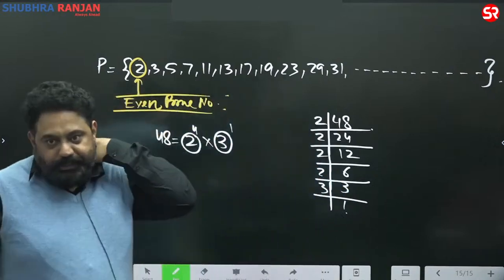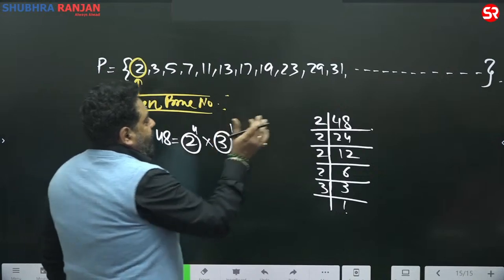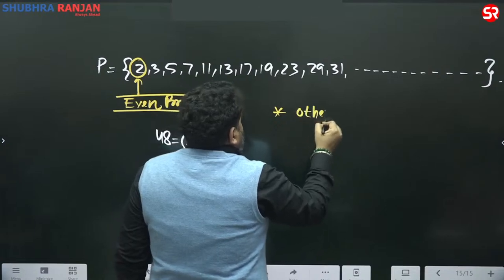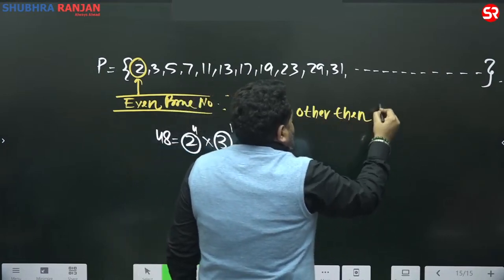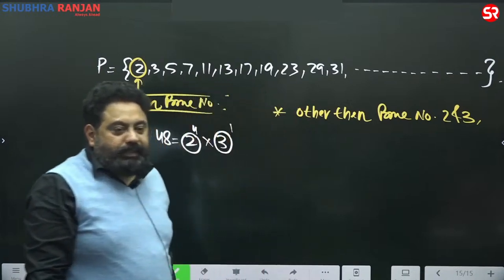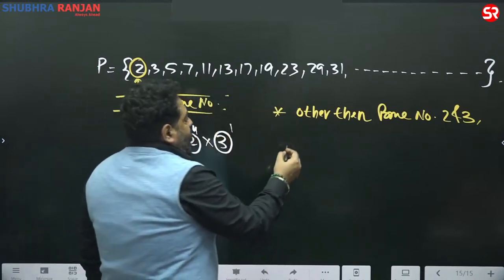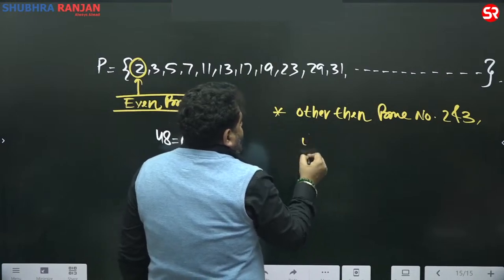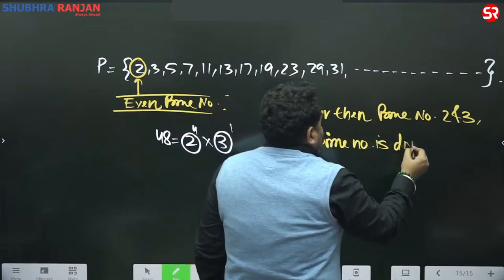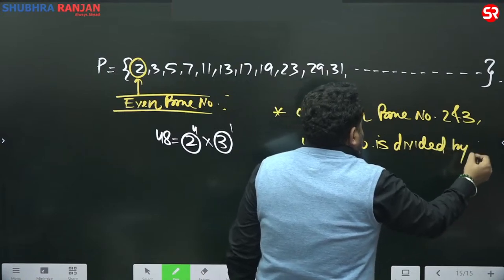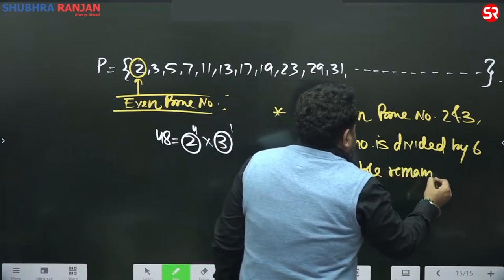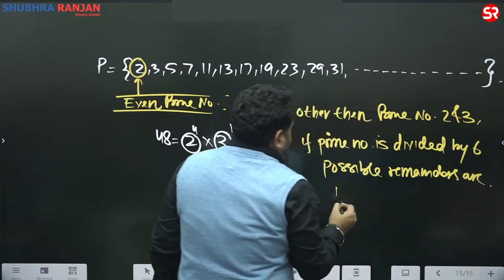ठीक है? दूसरा point which you should always remember is, other than prime numbers 2 and 3, if a prime number is divided by 6, possible remainders are 1 or 5.